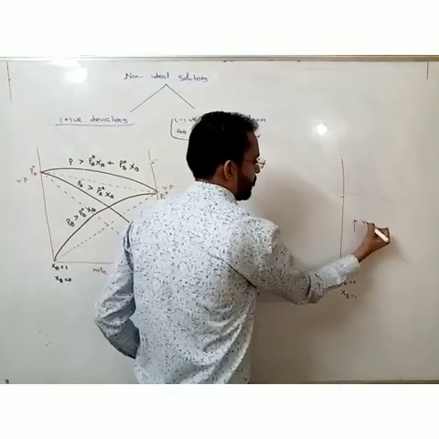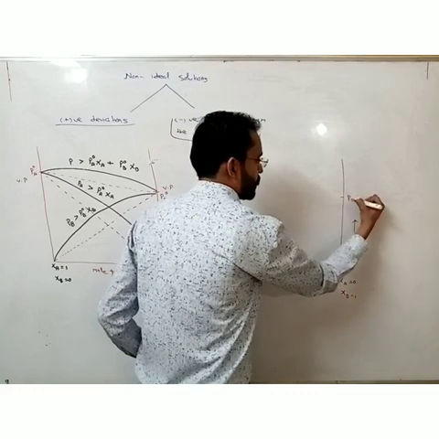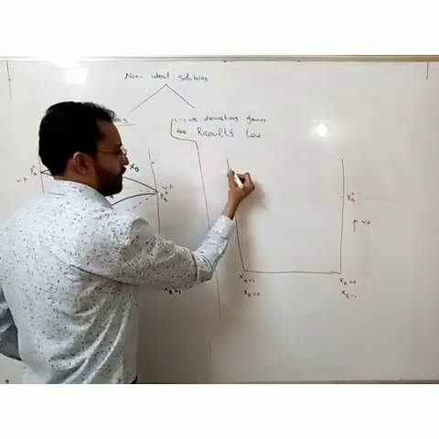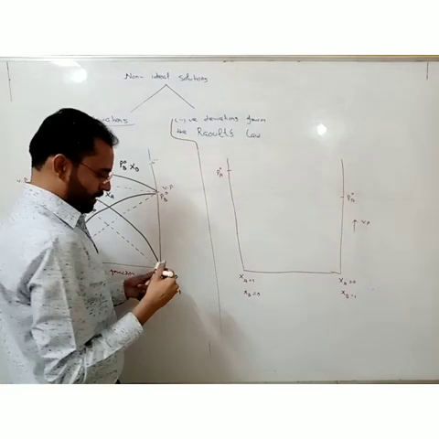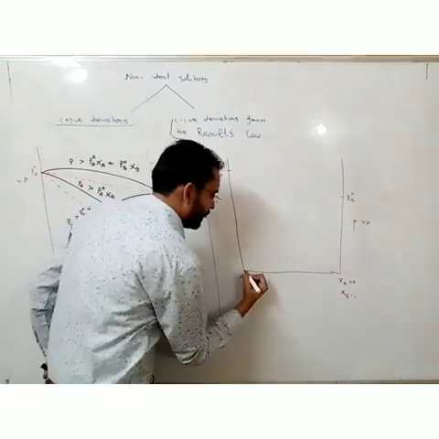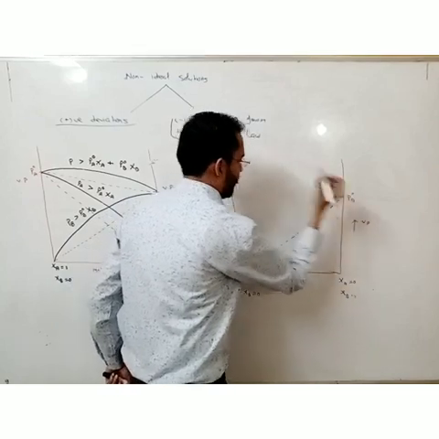This line represents vapor pressure, this point is the maximum vapor pressure of component B, and this is vapor pressure of component A, PA naught. For the ideal case, it should be like this.